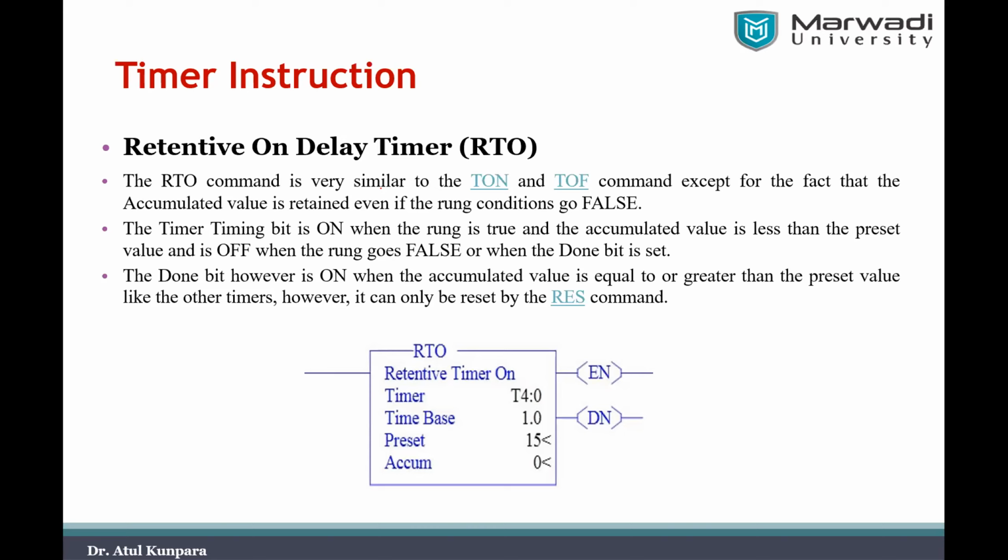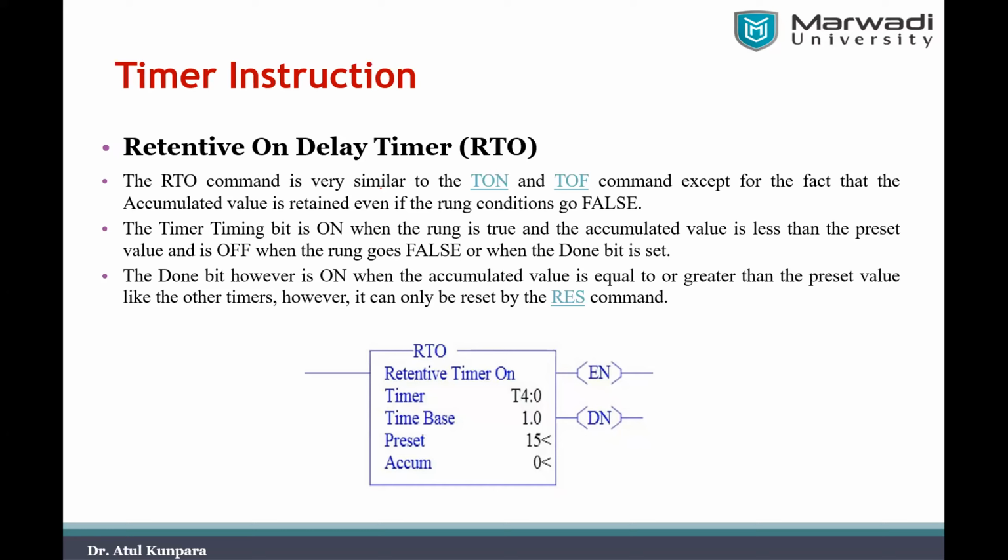It indicates that, let's say your timer timing task has been completed. Right now you can see in this block, your preset time is 15 seconds, right? So let's say I have given the enable input and I keep that enable input for, let's say, 16 seconds. It means it is more than 15 seconds, so my timer done bit will be on. Now, once my timer done bit is on, I remove the enable input from the input side.